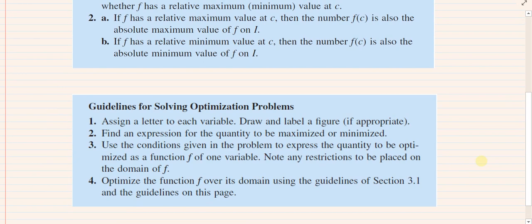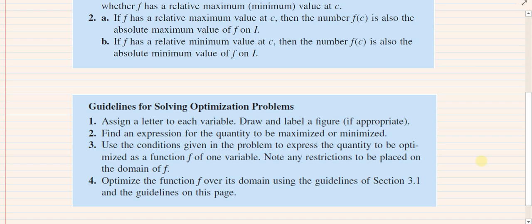And then we're going to be given some set of conditions most likely, and we just incorporate those conditions into our work. So the conditions given, we're going to use them to express the quantity to be optimized as a function of one variable.